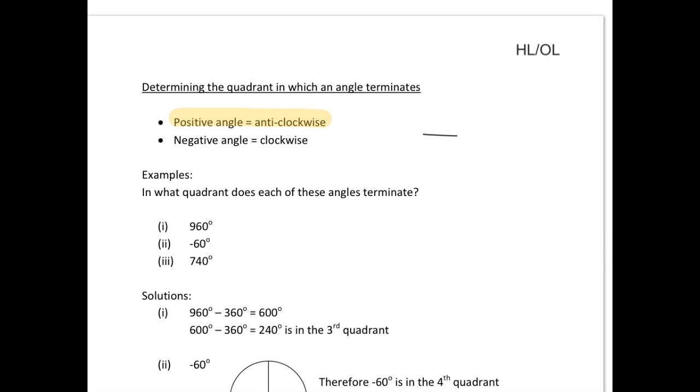So if you have your xy axis and you're talking about measuring an angle theta, you will be measuring theta counterclockwise from 0 degrees. So you're measuring in a counterclockwise rotation.